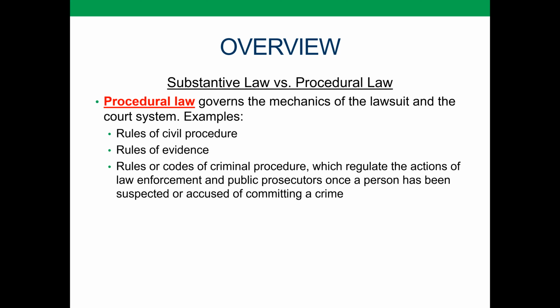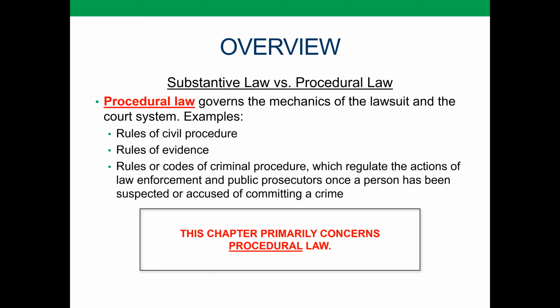So this is the big difference. Substantive law defines the rights and obligations that people and entities have toward each other, whereas procedural law governs the mechanics of the legal system itself when someone wants to enforce a substantive law right or seek redress for a violation of that right.